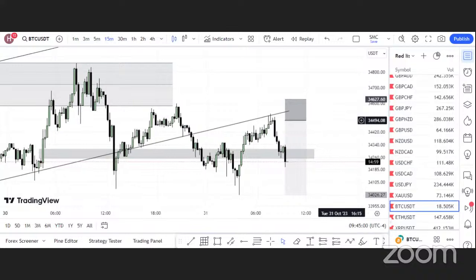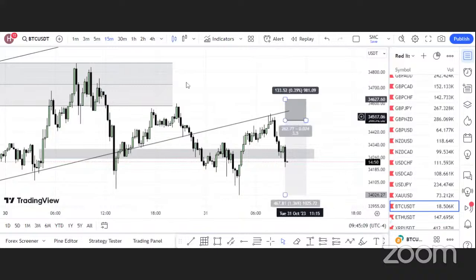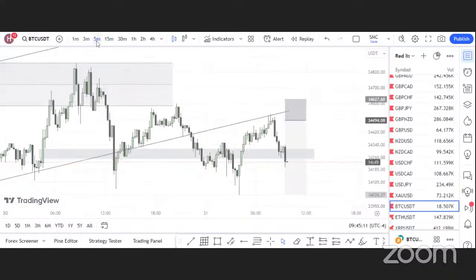So let's make analysis on another pair. We've just made analysis for BTCUSDT. All right, let's go to lower time frames.